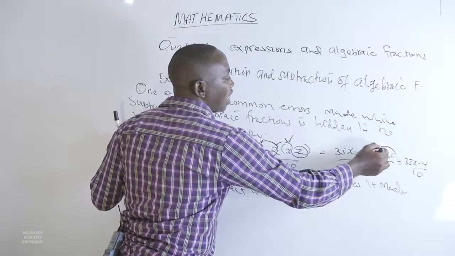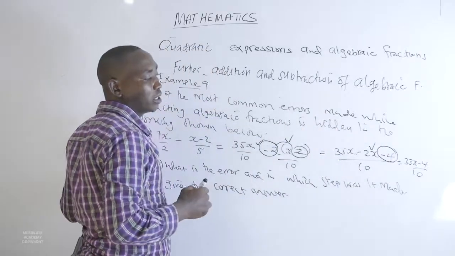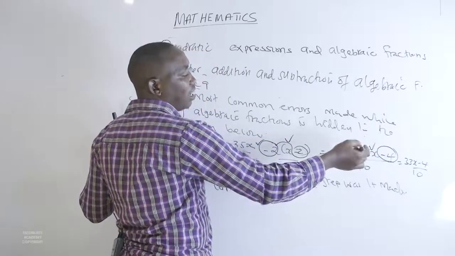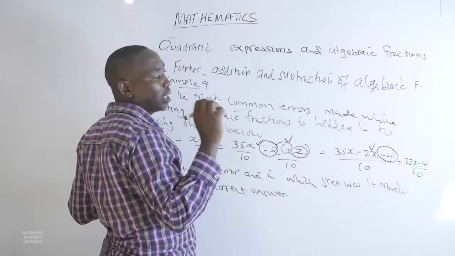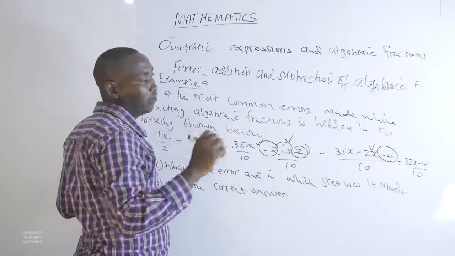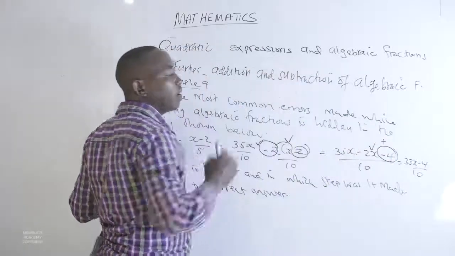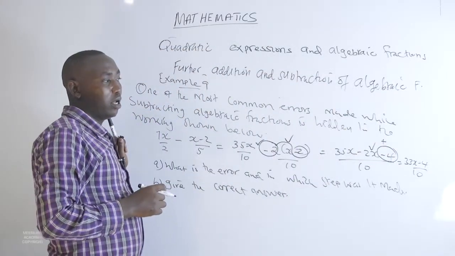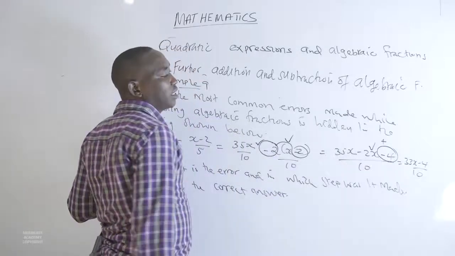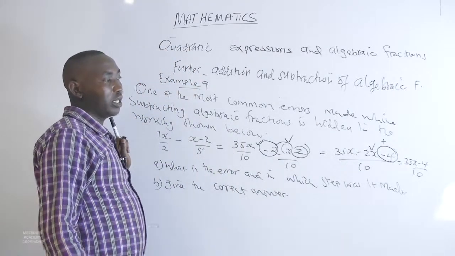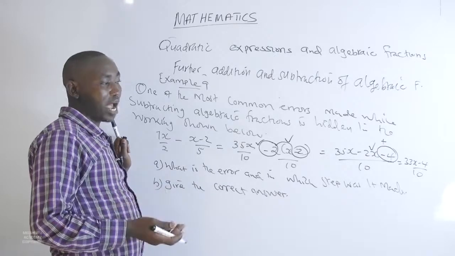So we have identified where the problem was. That error is they forgot that when you multiply a negative and a negative, the result is going to be a positive. So here it was supposed to be positive 4. In which step? It was on the second last stage, that is during the opening of the bracket.